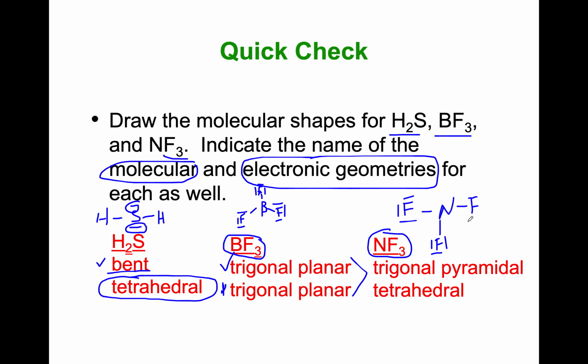Okay, so I've got here the Lewis structure, and you can see the central atom has 3 electron regions here, trigonal planar. The central atom here has 4 electron regions, that's tetrahedral. One of those is a lone pair, so the molecular geometry is trigonal pyramidal.